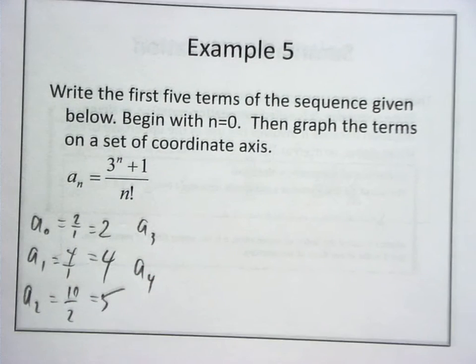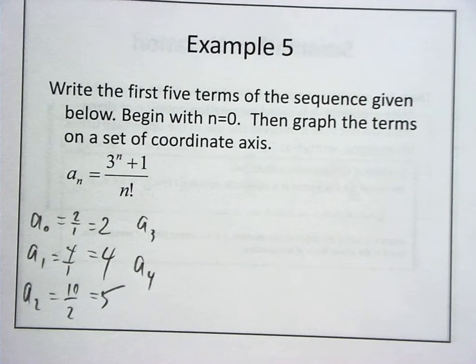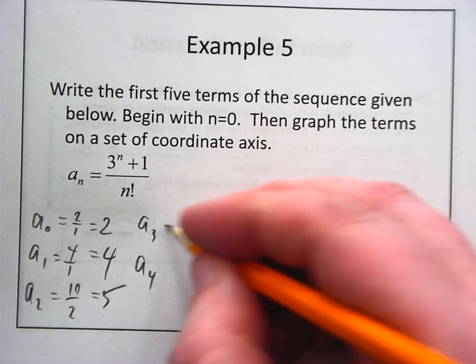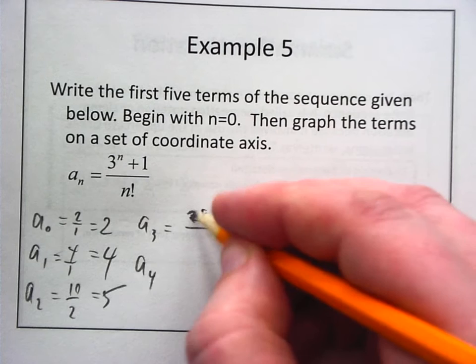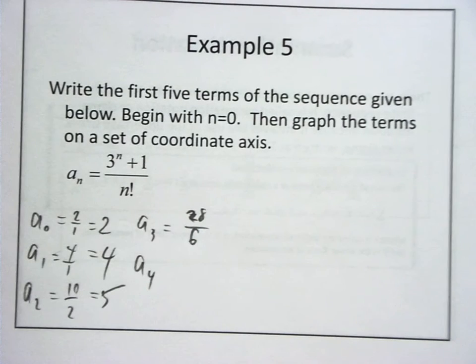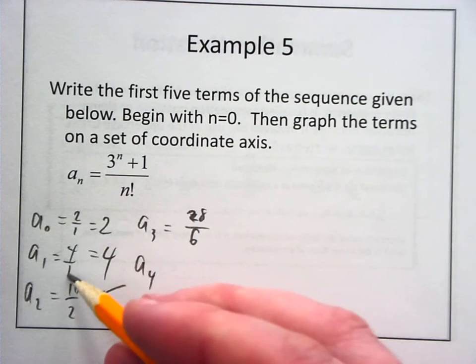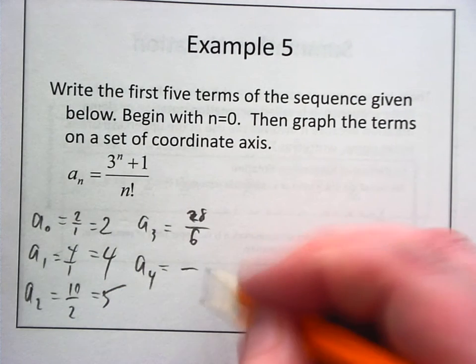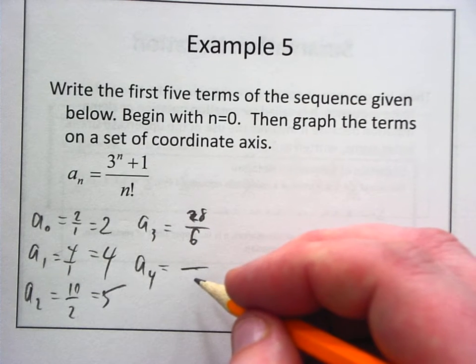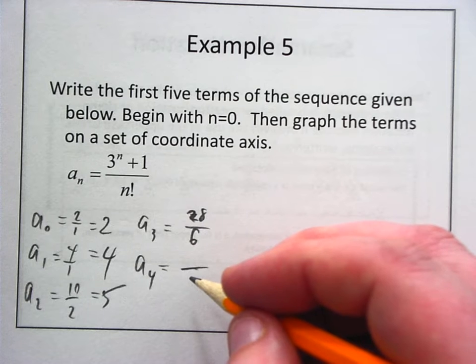So this thing's just going to keep increasing, right? What do you get on top for the next one? Over? 6. Because you have the 0 there, 1 here, 2 times 1, and then 3 times 2 times 1. What about for the next one? 3 to the 4th is?